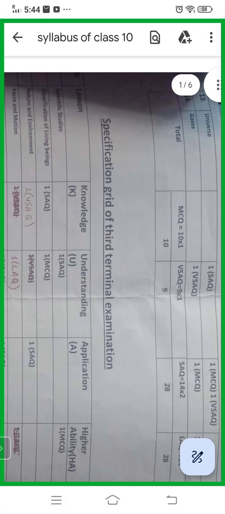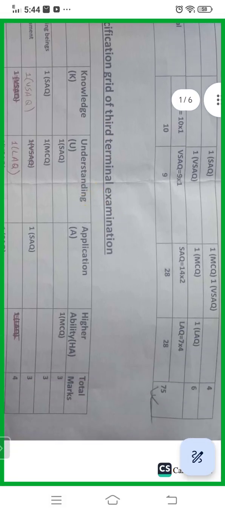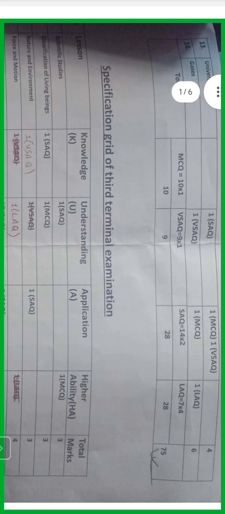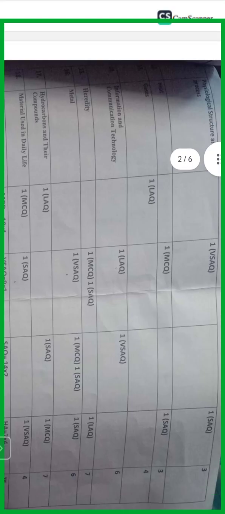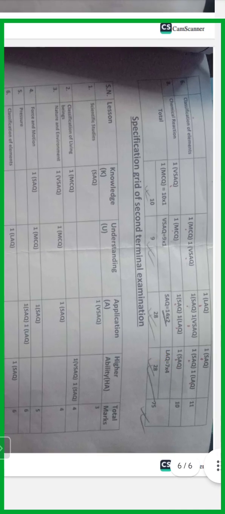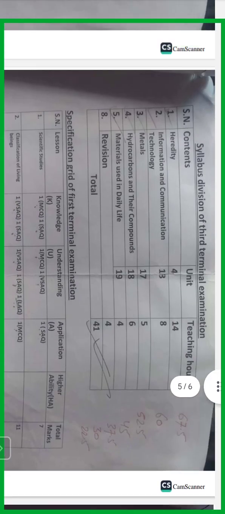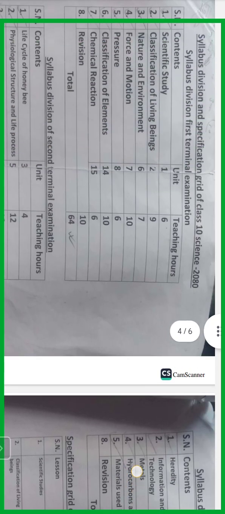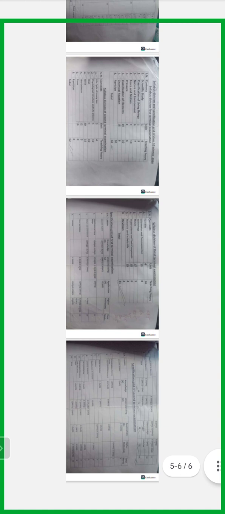From universe only a 4 marks question comes here, and no long question comes from here. And from gases 6 marks, and the important units for the second terminal are there.